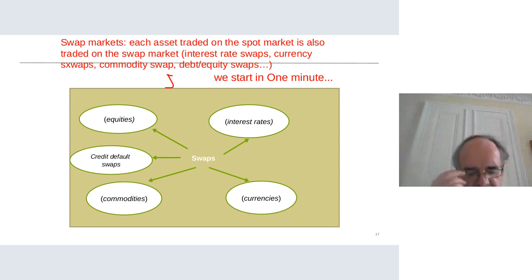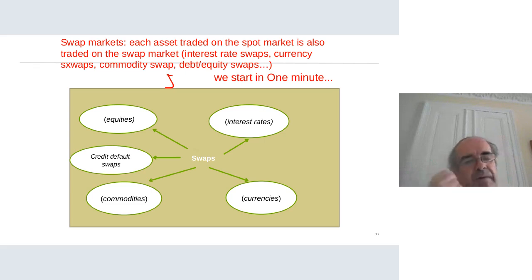Imagine you are in debt, you have borrowed on a variable rate basis, and you pay an interest which changes every 6 months, and which is a LIBOR 6 months in dollars. So every 6 months, we look at the 6 months interest rates on the market, and you pay this interest rate divided by 2 because it's 6 months. And you pay that on your debt.